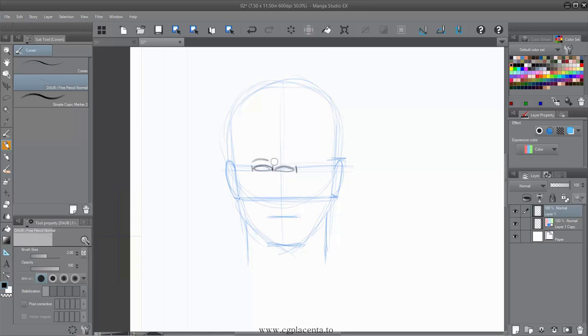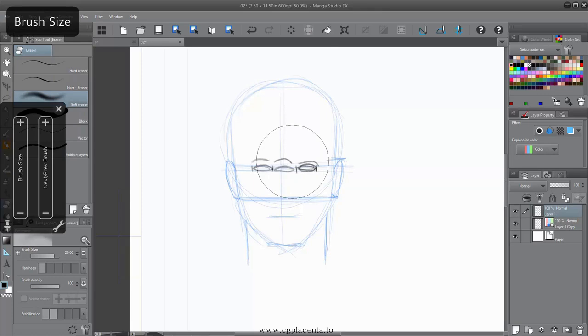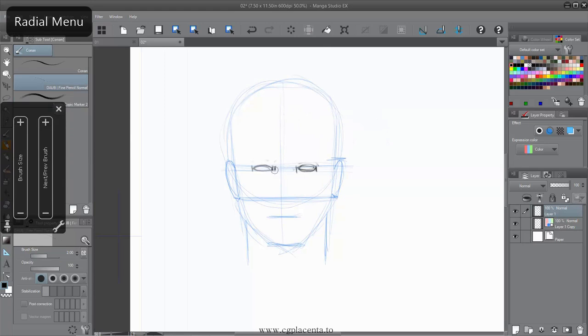So this will be the same as this, which will be the same as the other eye here. So the space in between the eyes is roughly equivalent to an eye. Okay? So this part here equals the same length as that.